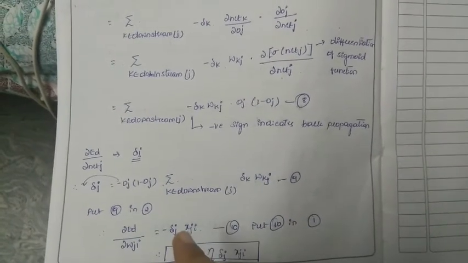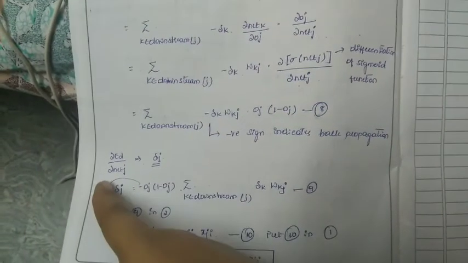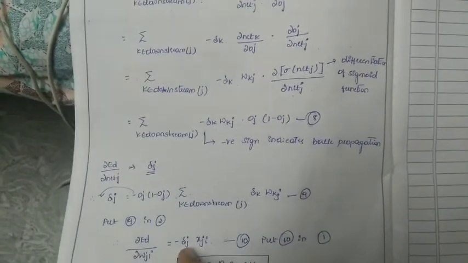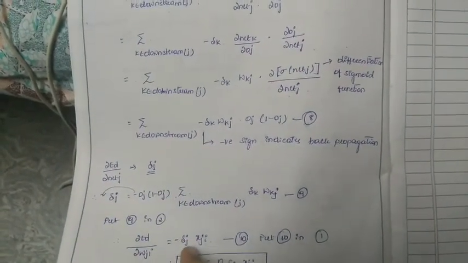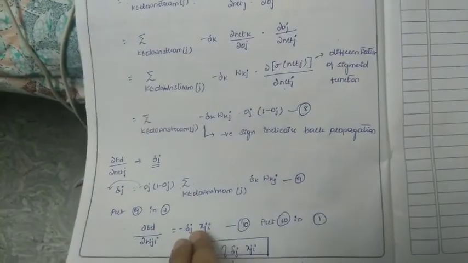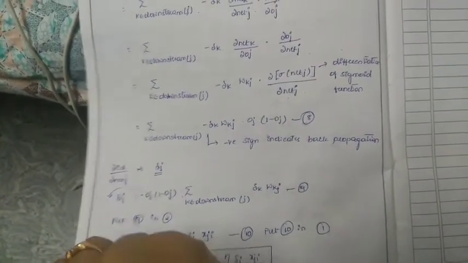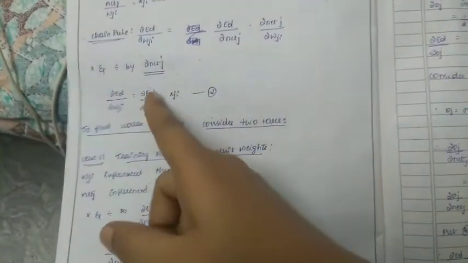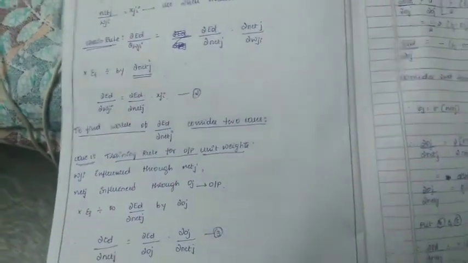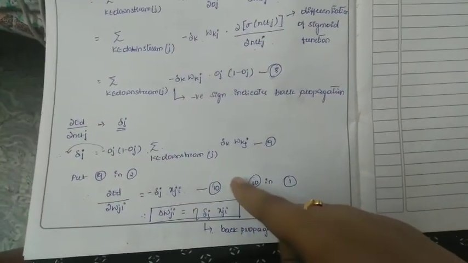I have taken the minus to this side and substituted the value as minus delta j x ji. I have just substituted this value completely; I have not written it out here. If you want, you can write it completely or just replace it with this value, so I have replaced it with xji. So this is my equation 10. So what is the main agenda?